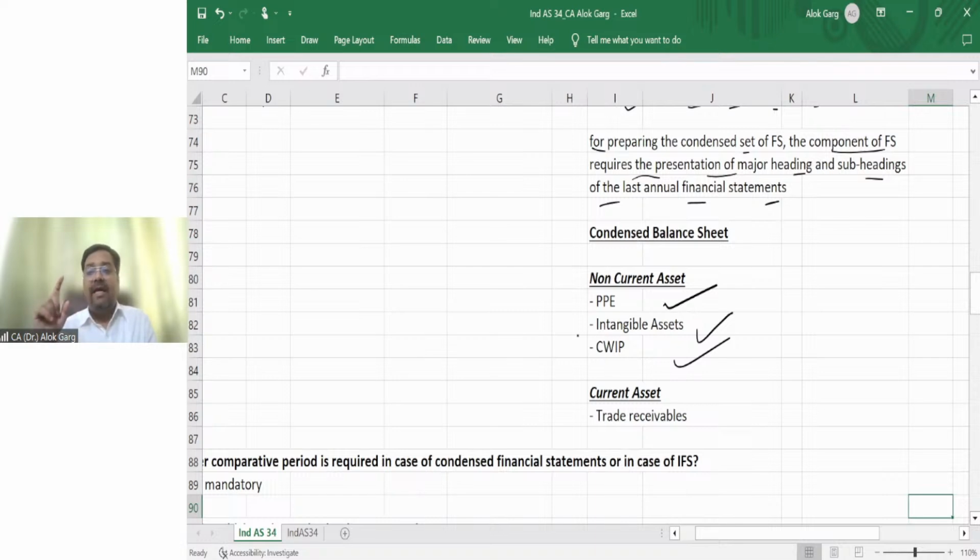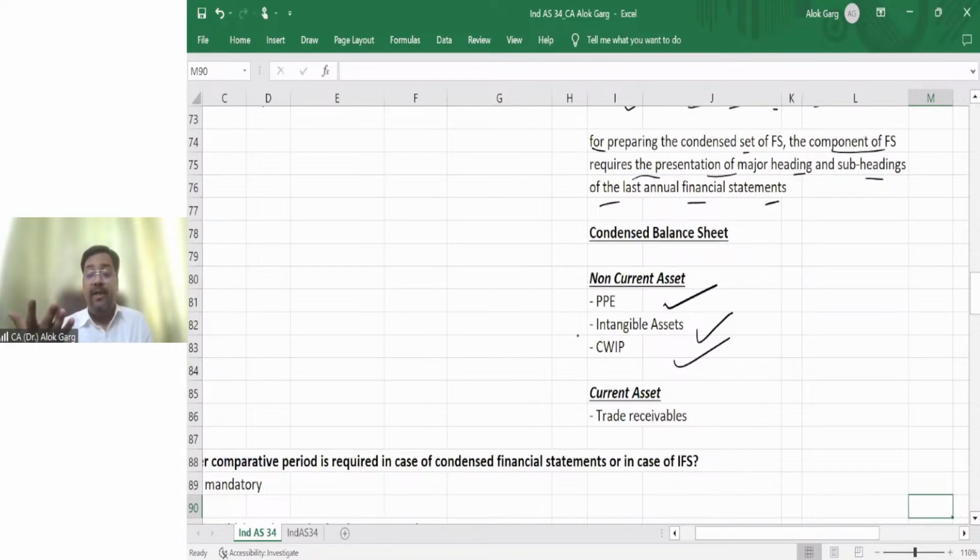When you are preparing a balance sheet, you are required to provide the note number, right? For every line item. And what is that note number? It is the breakup or disclosure or explanation in the notes to accounts for that item, right?